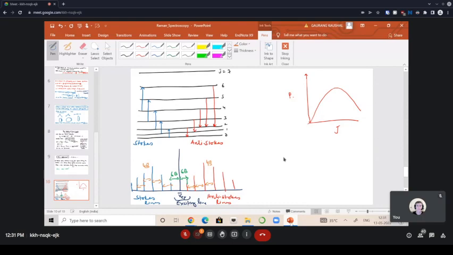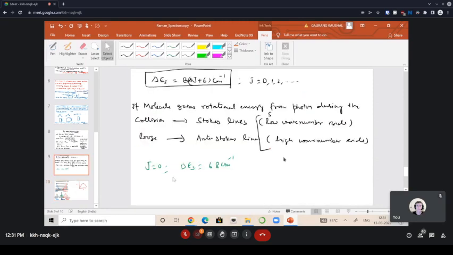If the molecule gains rotational energy from the photon, then it is a Stokes line. When it loses energy, it is the anti-Stokes.